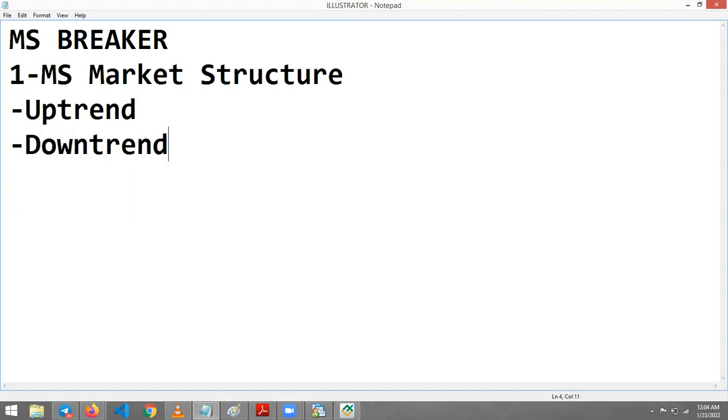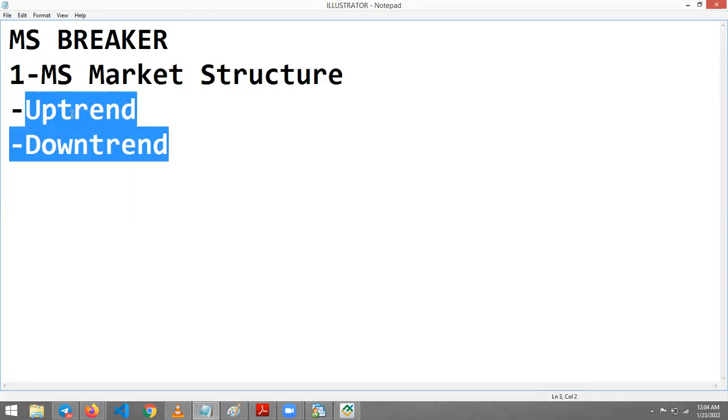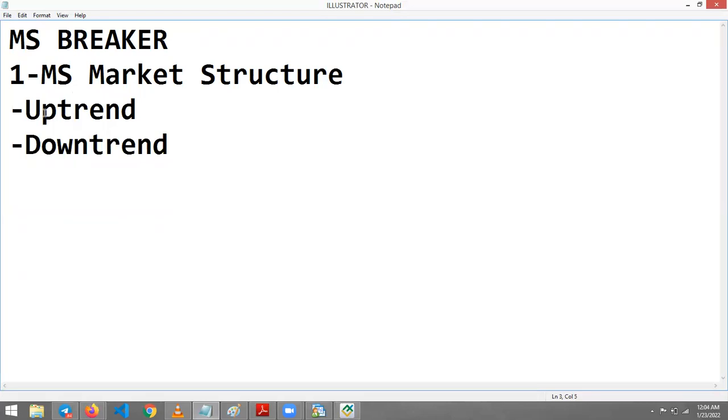Most times when you open your charts, these are the structures that you have to look out for. Is the market in an uptrend or is it in a downtrend? If you're able to know the market structure, then that is your starting point. You can start building up on that.